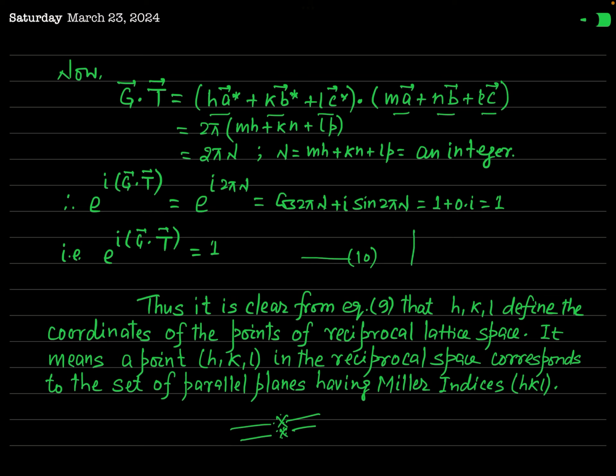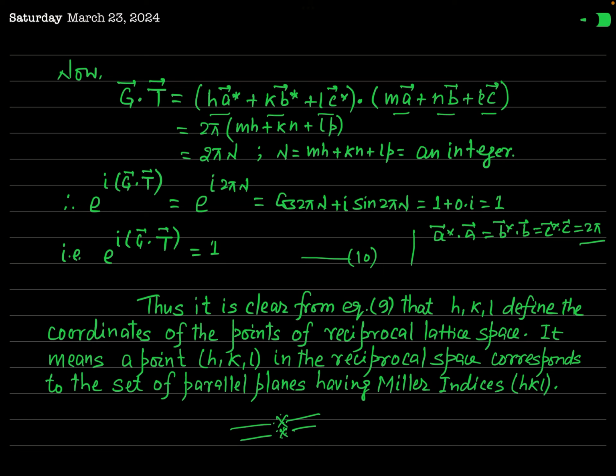As you know, you have just seen that A star dot A, okay, is equal to B star dot B, and this is equal to C star dot C, and this is equal to 2 pi. We also write it 1, but here I am writing this is equal to 2 pi because it will be more convenient, okay.